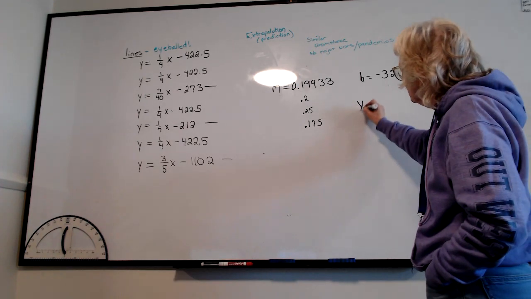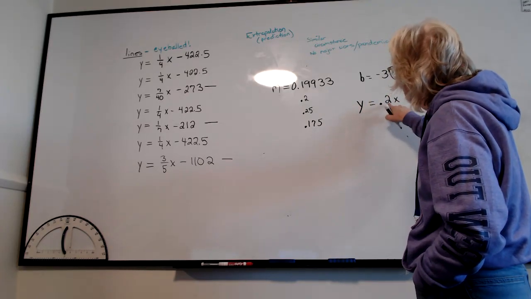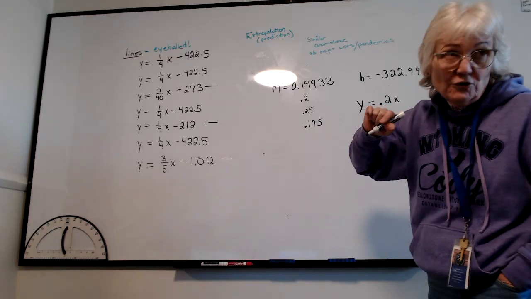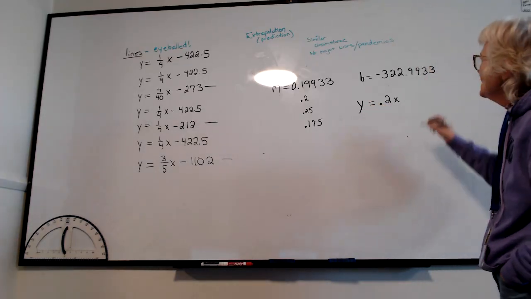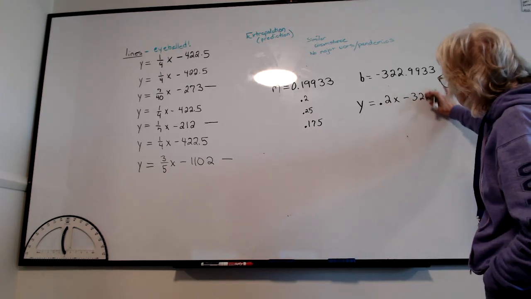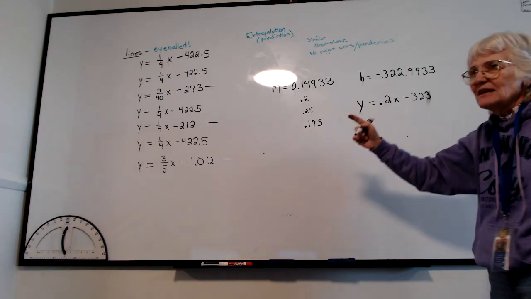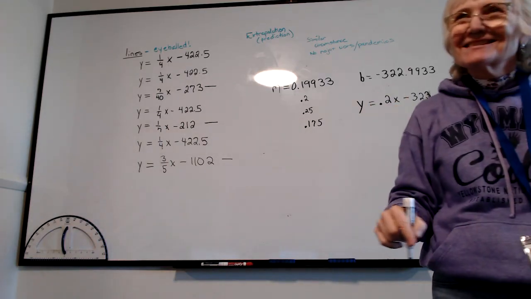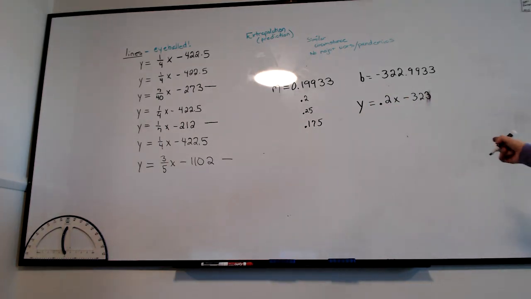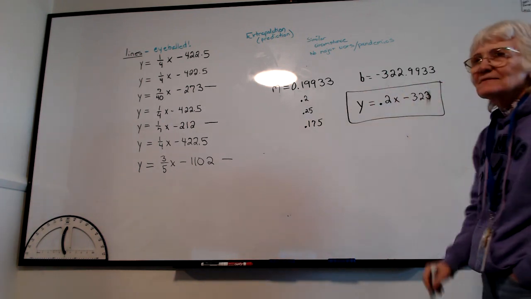So their equation, based on all the mathematical calculations, I'm rounding to 0.2 because that's much easier for me, minus 322, actually I'm going to just minus 323. It's really not going to change it that much for that exactness, okay? So here is what they came up with as far as their formula, okay?